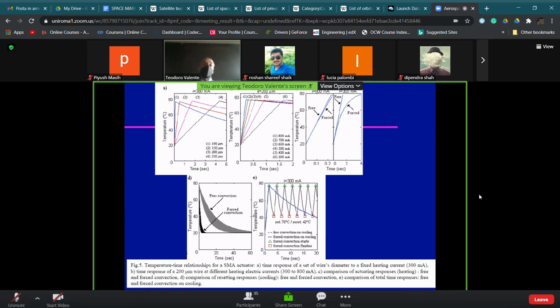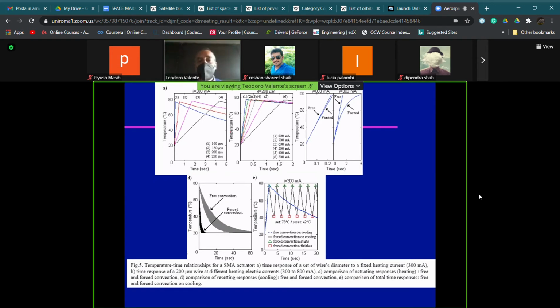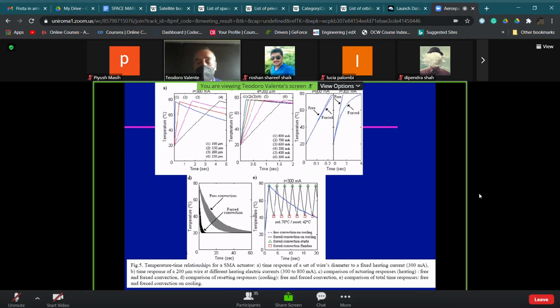If we want to have linear actuation more than one time, we usually cannot rely on free convection because the temperature decreases too slowly with time.